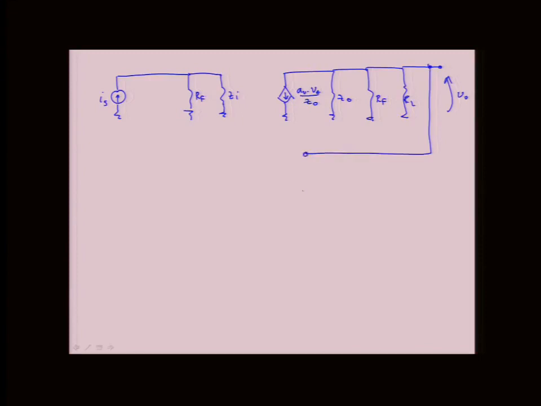And then I'm feeding back just V out. So there's nothing left in this part of the network. And then on this side, I have Y12F times V out.